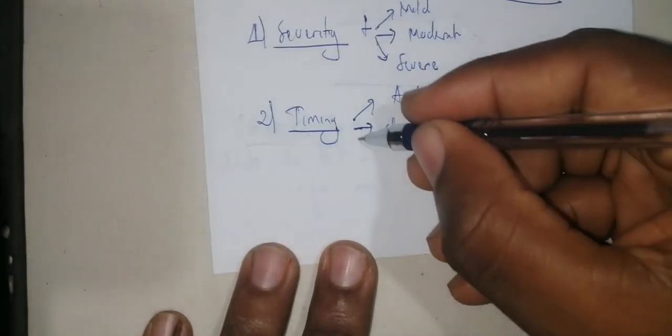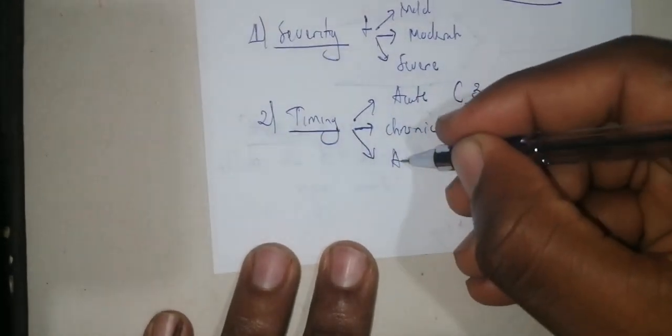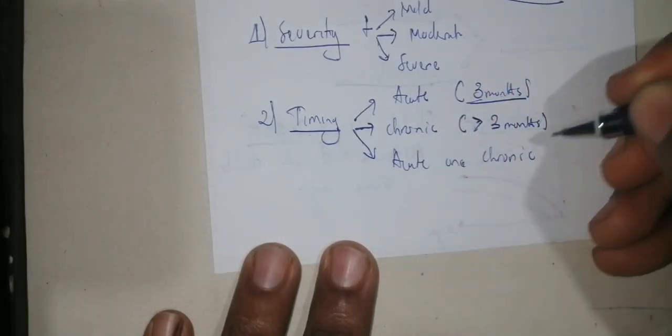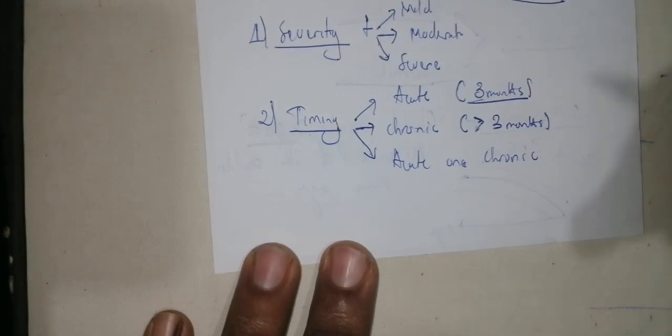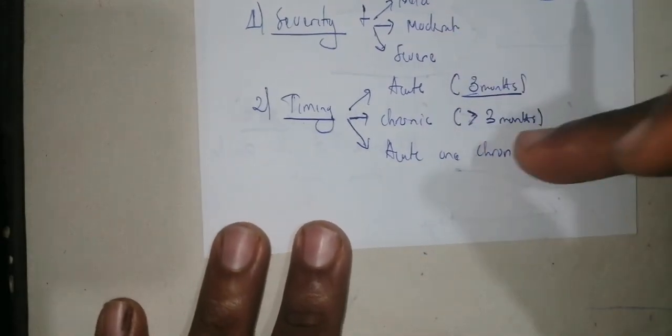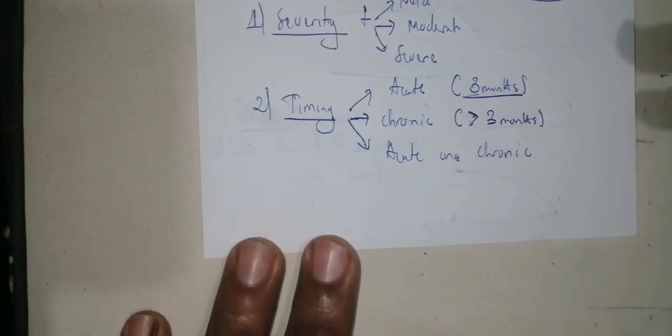And then lastly, we have acute on chronic malnutrition, when there is an acute event, an exacerbated malnutrition of 3 months in a malnutrition of more than 3 months. So that is the classification of malnutrition according to the timing.